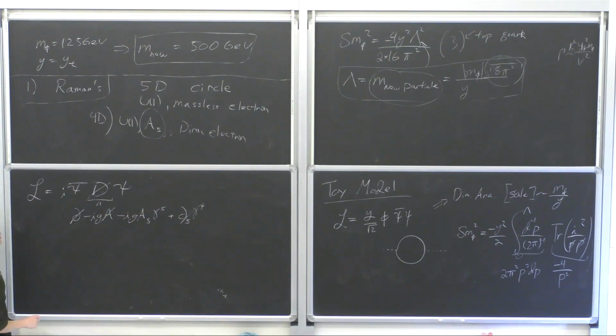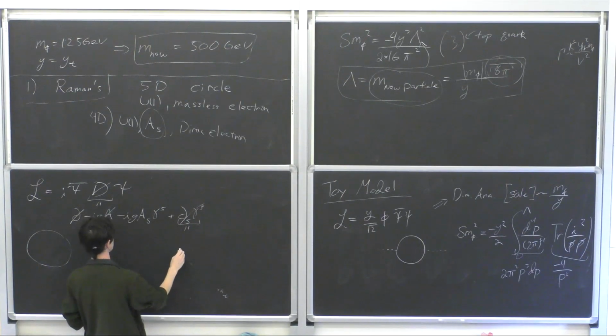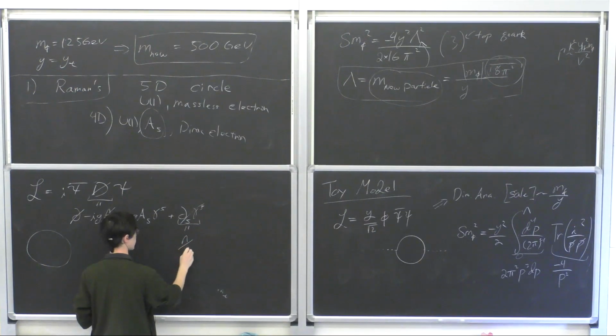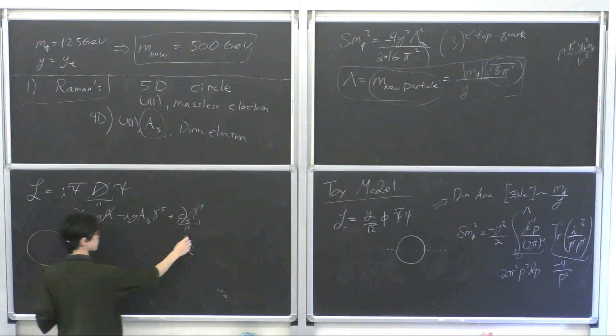Okay. We have a circle. The solutions on a circle are sines and cosines, right? We've done particle in a well and all this stuff. And so we know derivatives just give you n over the radius of your circle. n is just some integer.